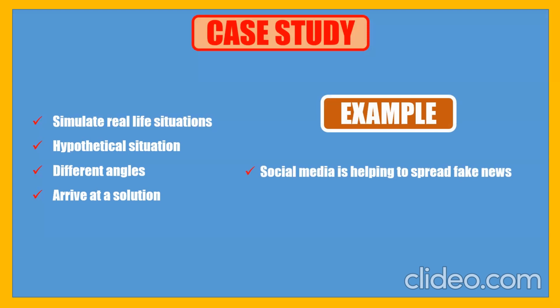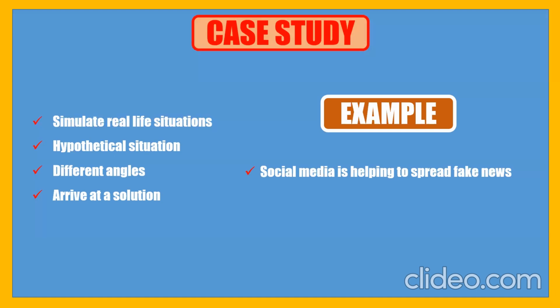Now when we look at social media helping to spread fake news, to a certain extent it is right. But if we look from another perspective, we can find various ways in which social media has been helping people, not only to reach out to a large number of people, but also, during the times of the pandemic, we were able to communicate with each other through social media.